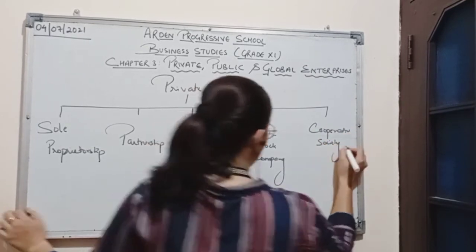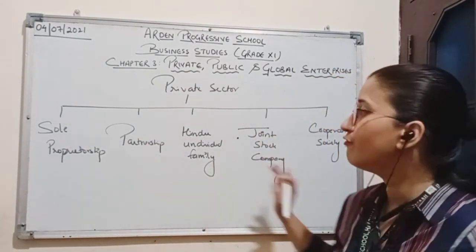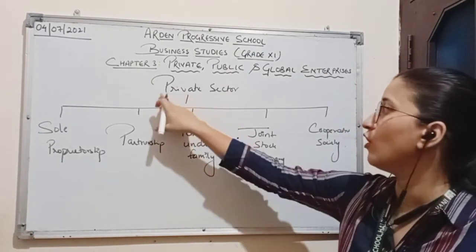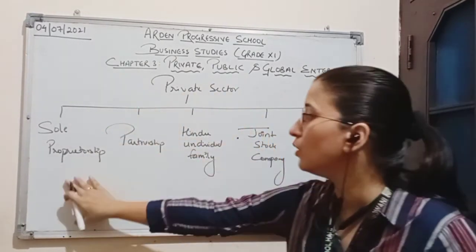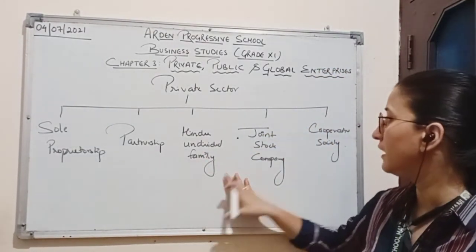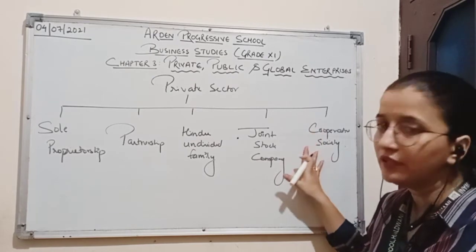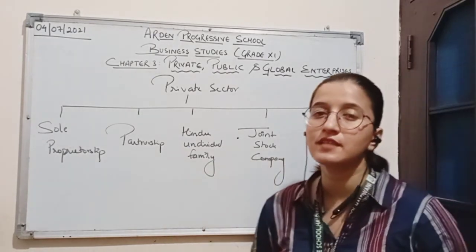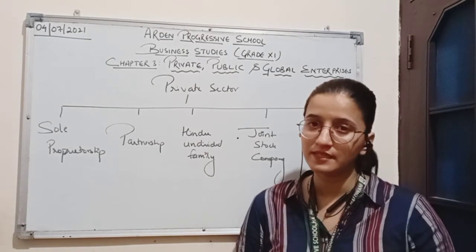These were sole proprietorship, partnership, Hindu undivided family, joint stock company, and cooperative society. All these forms of business organization are of the private sector.